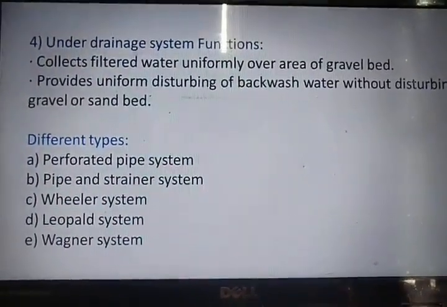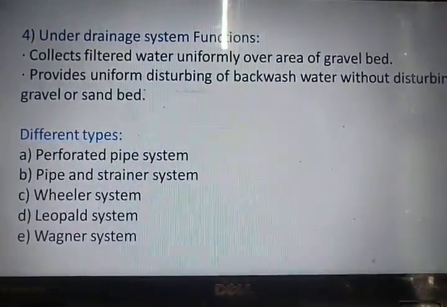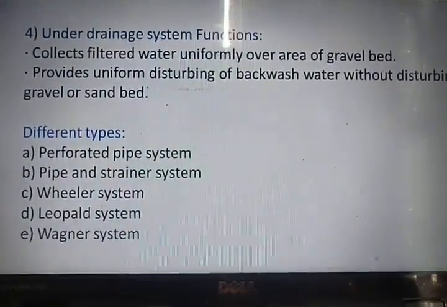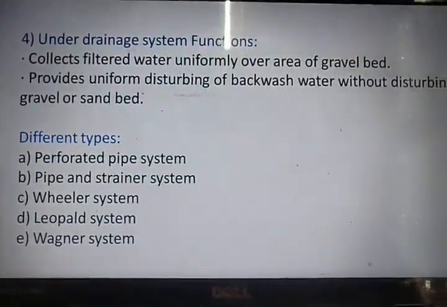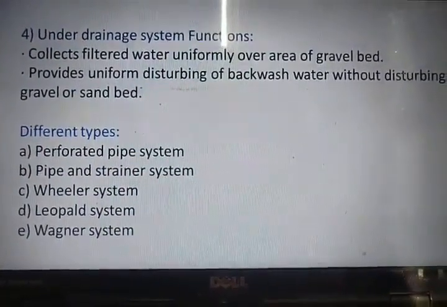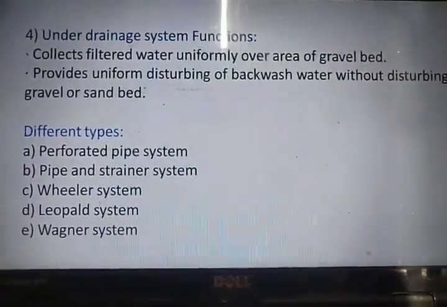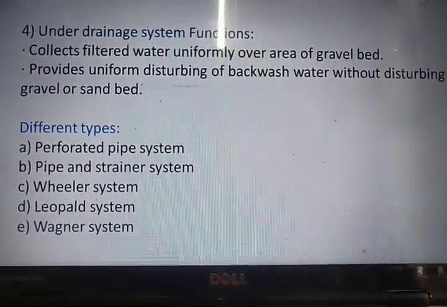Okay, then comes the under drainage system, which is located beneath the gravel support or base layer. Okay, here the collected filter water is uniformly distributed over the gravel bed, and the under drainage system collects the water and sends it to the next treatment unit.